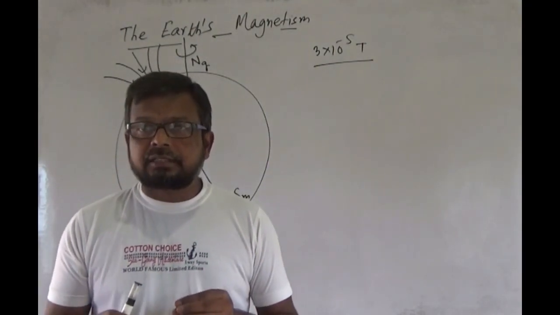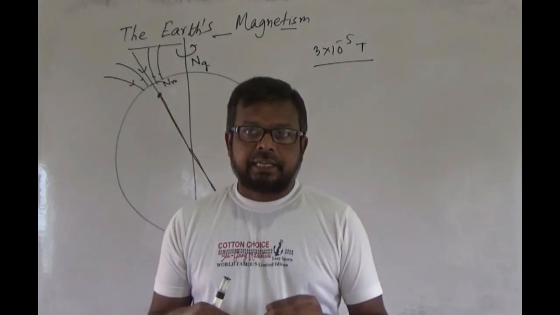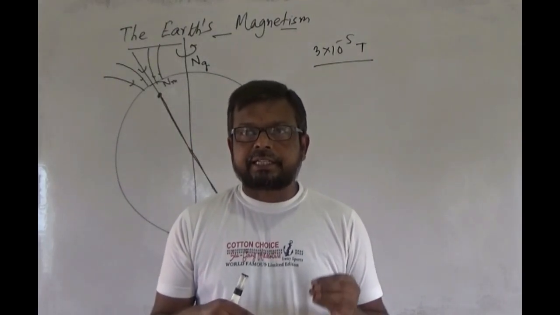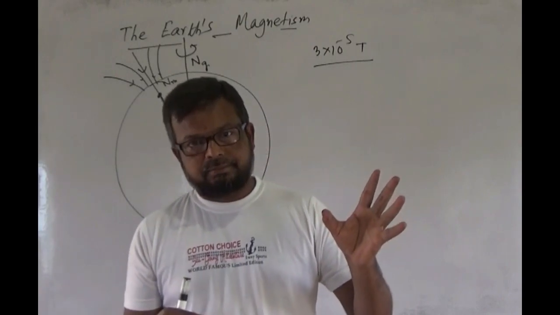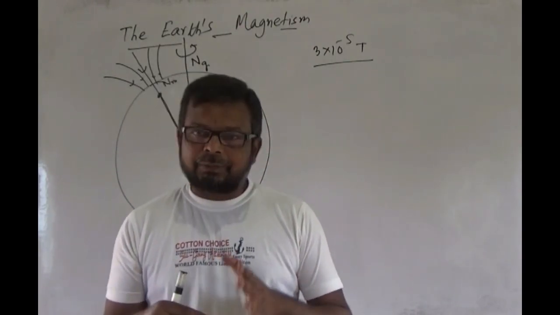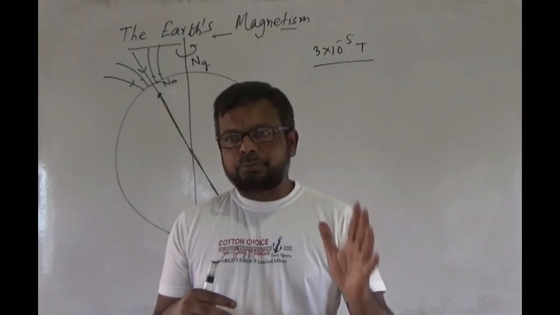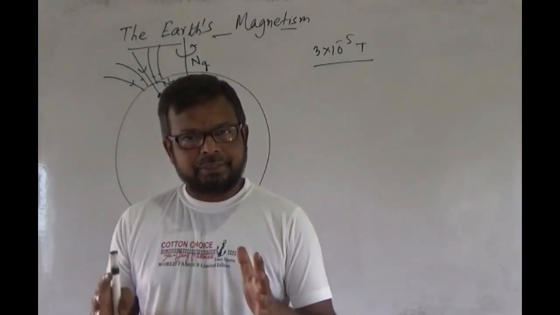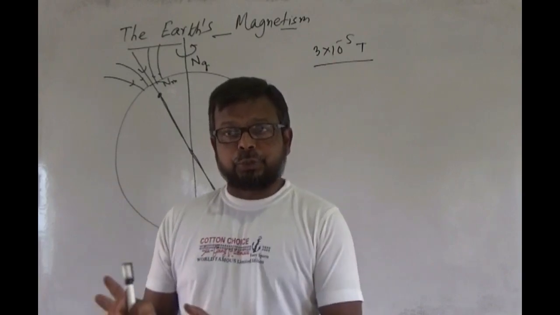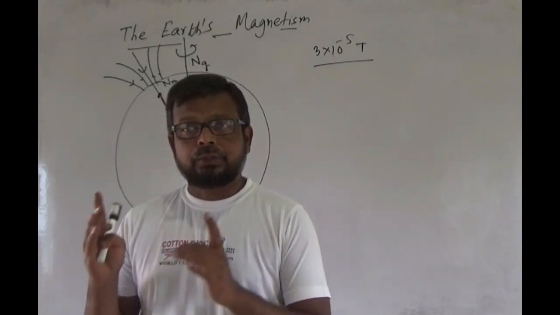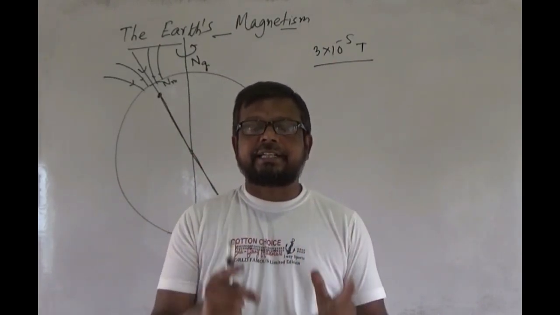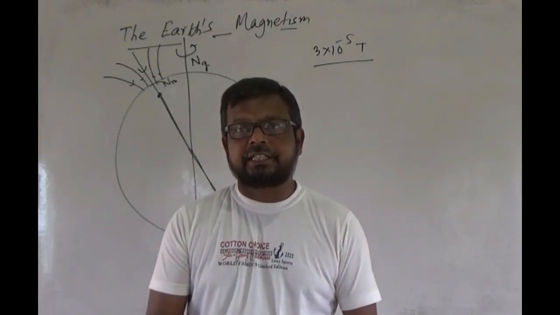Magnetic field of Earth can be treated as arising completely from electric current of some kind, because we have already told that magnetism comes from electric current. That means Earth's magnetism is also due to some kind of electric current.